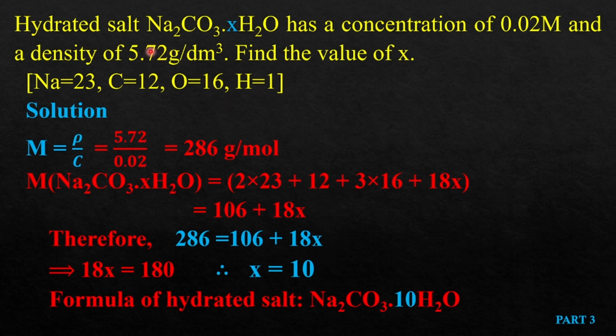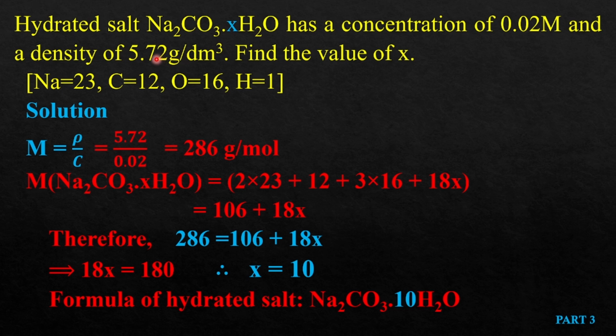Looking at the question here, we have something that we can get from this figure here by considering the unit. The unit here is grams per dm cube. And we know that if it is grams per dm cube, that is for density, concentration or mass concentration.